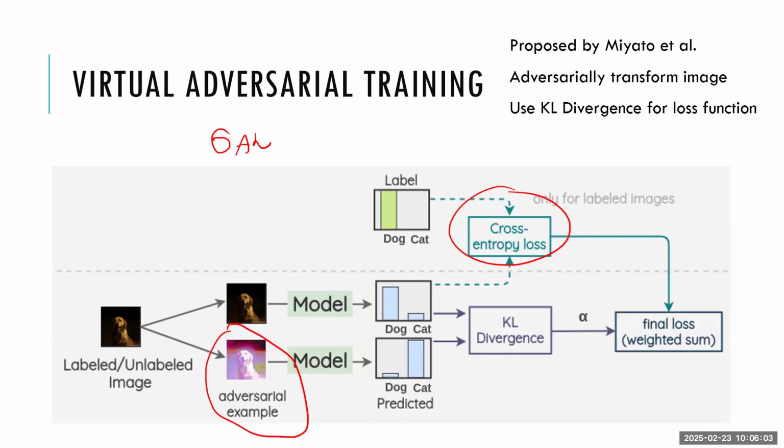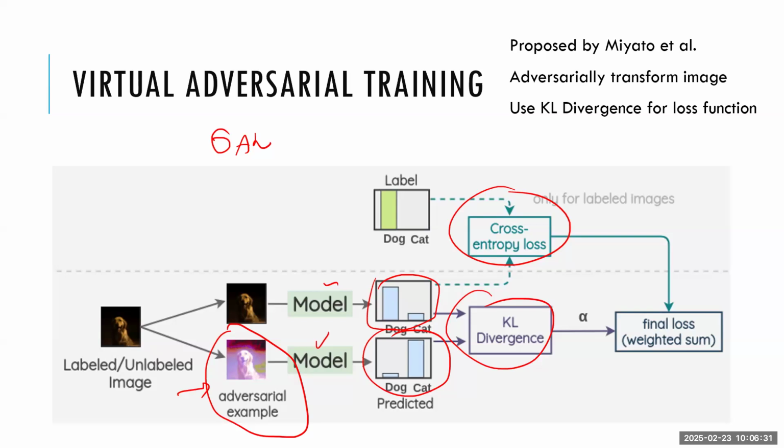So when we have the adversarial example, you pass it through the same model, you get a different prediction, and then you use the KL divergence loss to compute the difference between the two. So the KL divergence will make sure that the distribution of the prediction between the two should be the same.